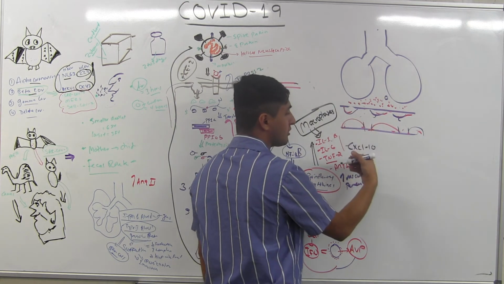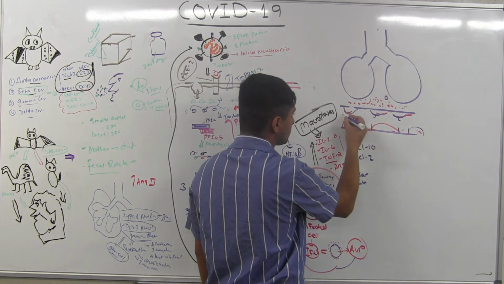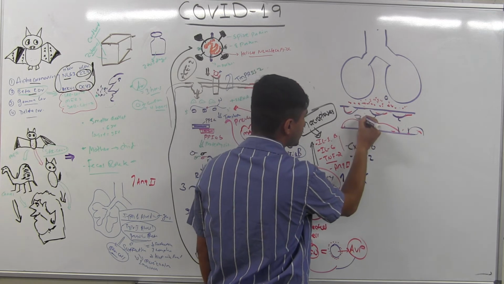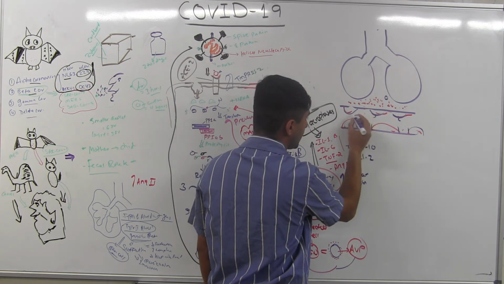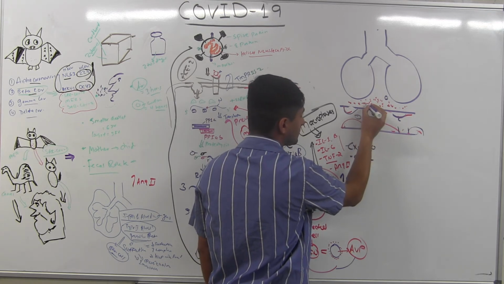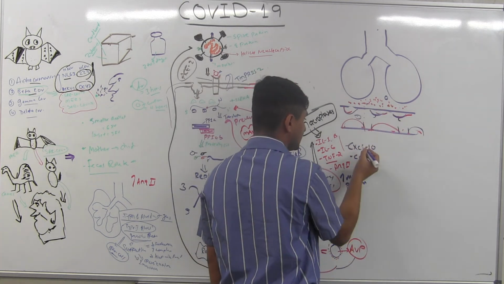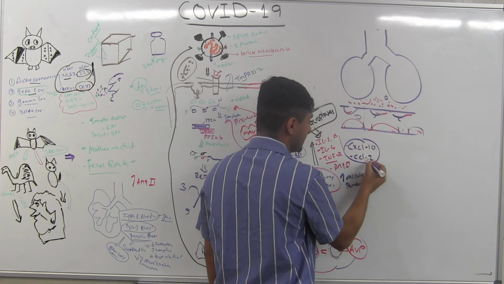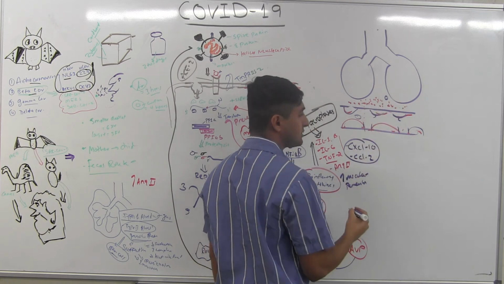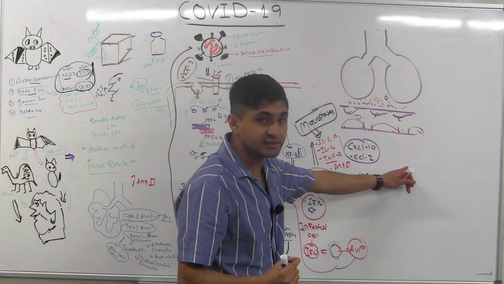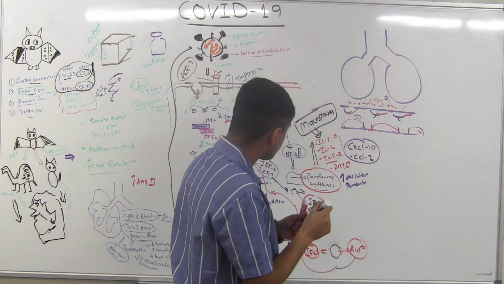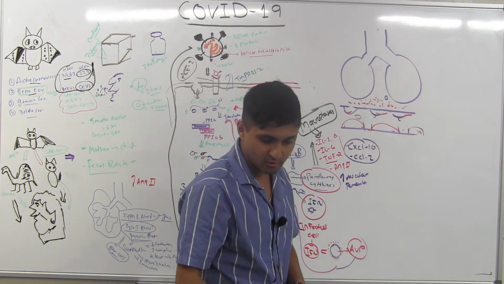Because the monocytes are calling for help. When the neutrophils go from the blood to the tissue area, we call that diapedesis, okay? This is how the neutrophils travel, and with this CXCL10 and CCL2, they get to where the damage and inflammation area is. That's how the neutrophils travel, okay? Now, that's the basic thing I want to tell you, okay?